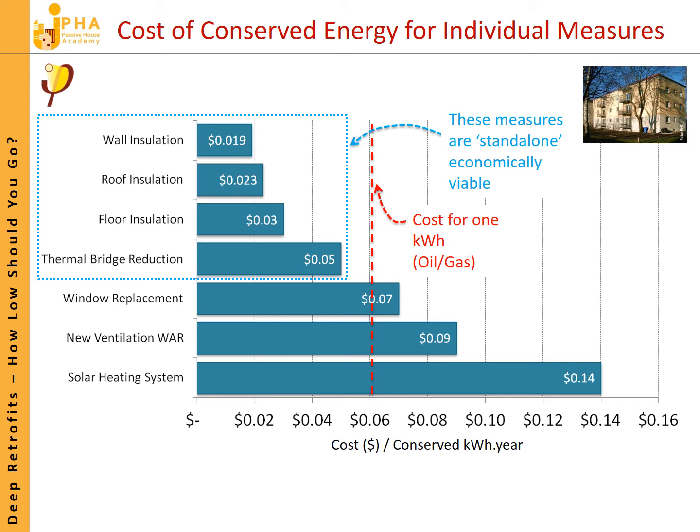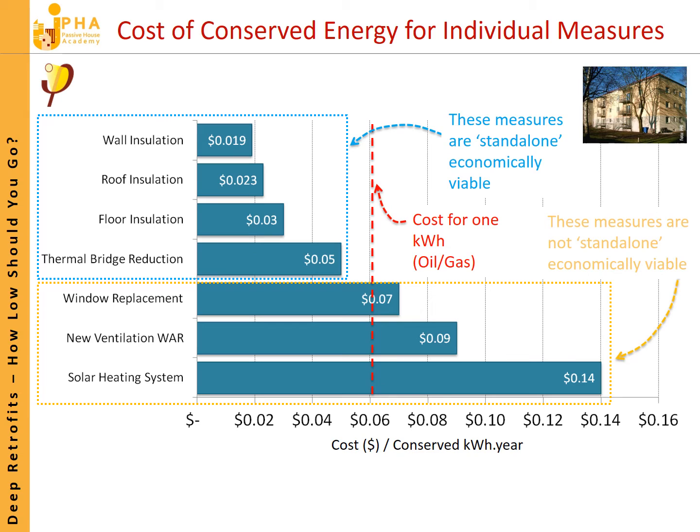It's actually cheaper to conserve a unit of energy in this case than it is to purchase a unit of energy. The three factors on the bottom, which include window replacement, which I'll come back to in a few moments, are actually on a standalone basis more expensive in terms of conserving energy than to purchase a unit of energy.